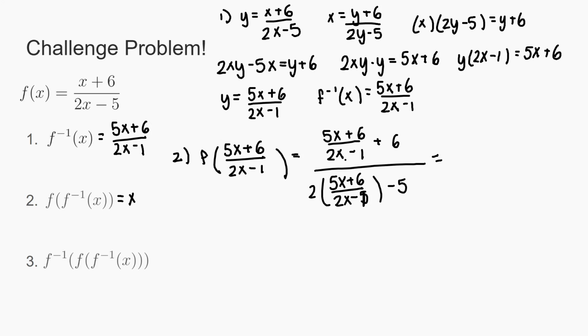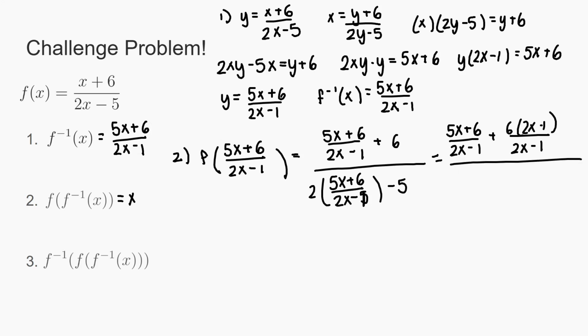We can do this by multiplying 6 by 2x minus 1 and making this all a fraction. So we'll do 5x plus 6 divided by 2x minus 1, plus 6 times 2x minus 1, divided by 2x minus 1.